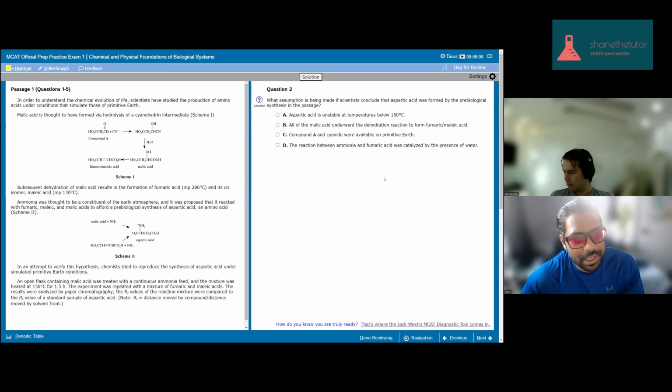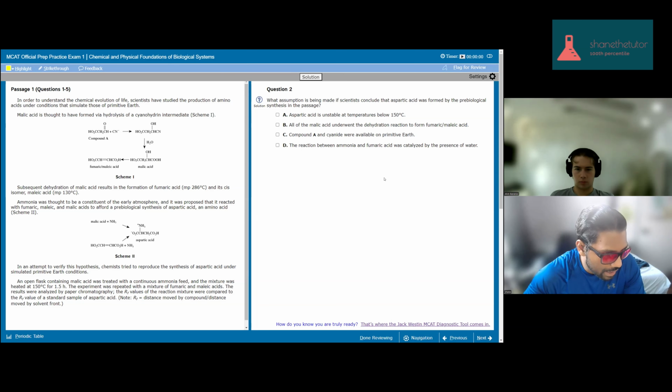And then D says the reaction between ammonia and fumaric acid was catalyzed by the presence of water, but I don't see that. Like they're saying this to this. Yeah, it wasn't mentioned.